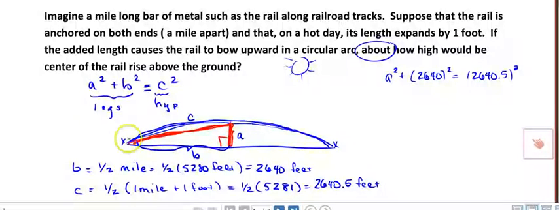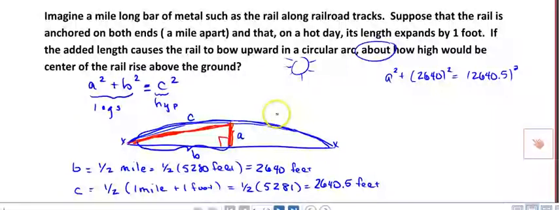Now side C, we're using that to emulate half of that bow, when the rail lifts and bows upward. We're using the hypotenuse of the triangle to approximate side C. Now we know that when the rail bowed up, it increased in length by a foot.